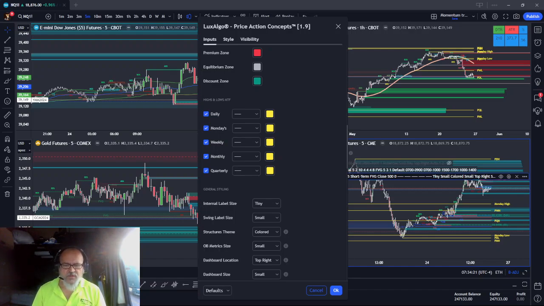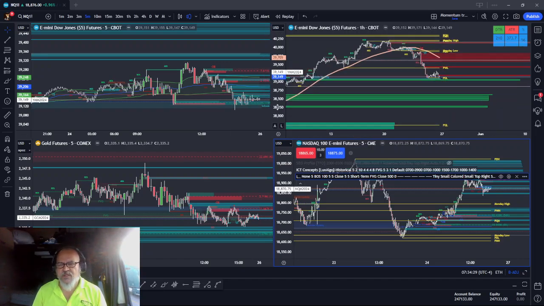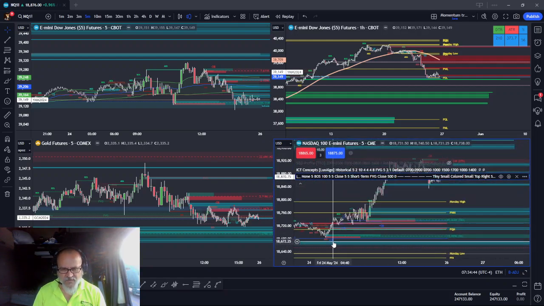And then I'm also using the smart money concepts, which is the free indicator. I've turned off order blocks completely, except for the ICT indicator that shows just the line for the order blocks. I'm getting rid of the actual order blocks just to clean up the charts a little bit.